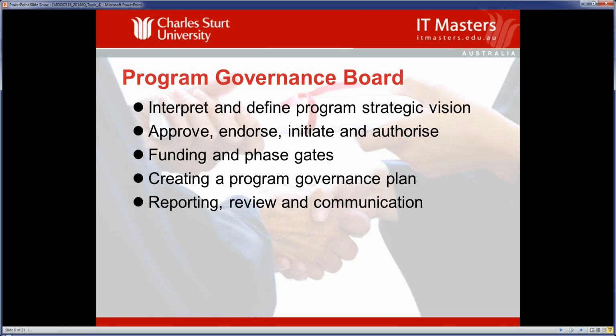Now you can see where if you were thinking about this at a project level, you wouldn't be thinking about as much of this in terms of governance. You might be thinking about some of these as being management. But at a project level, you've got things like a steering committee, for example.